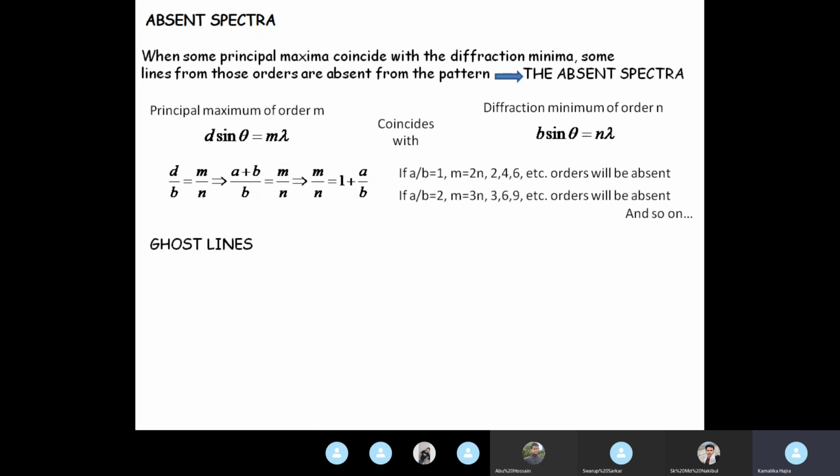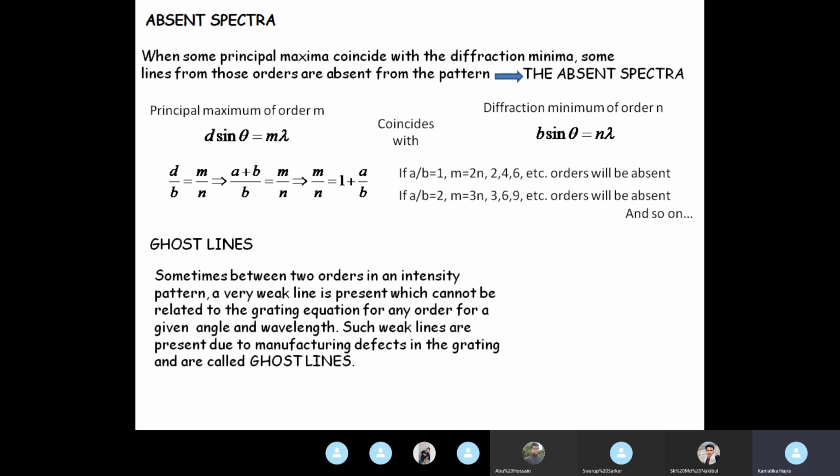Then there is something else called ghost lines. These are just terms related to a grating spectrum. What are ghost lines? Sometimes on the screen, when we are trying to observe a grating spectrum, a particular line appears which, when you try to relate it to the grating equation d sine theta equal to m lambda, does not give you a comprehensive result.